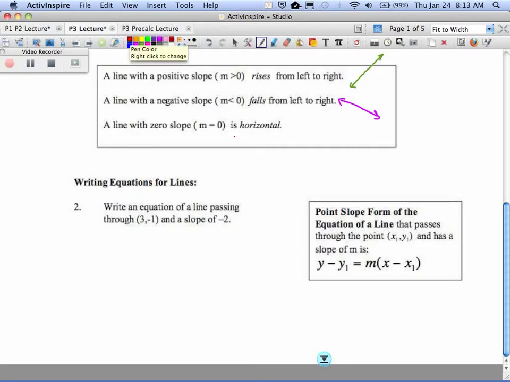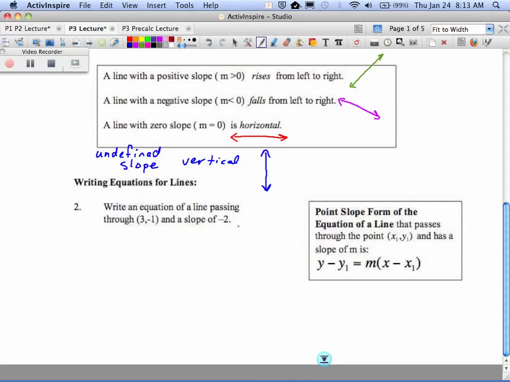And I think it's on your lecture, but it's not up here. Undefined slope is vertical, right? So that's just a kind of a reference box.